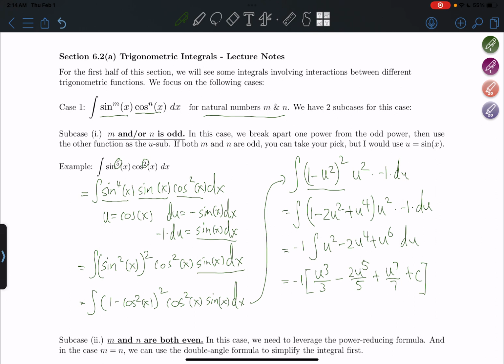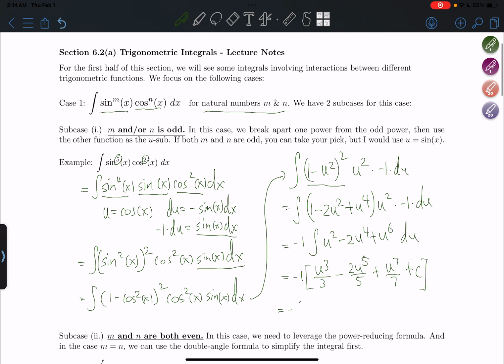At this point, we back substitute into x. And might as well go ahead and distribute in the negative 1 as well. So we get negative cosine, since u is cosine, right?